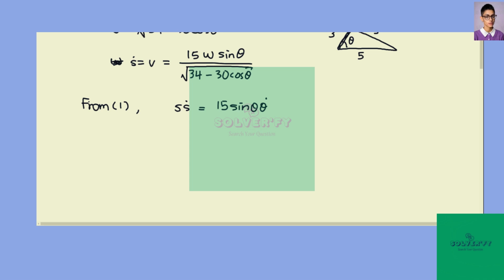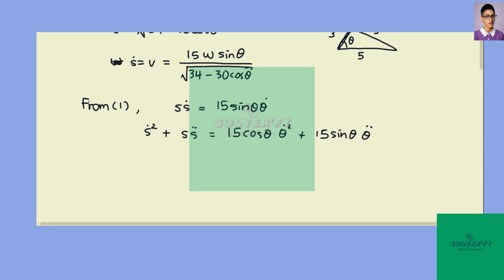So we have s dot squared plus s s double dot is equal to 15 cosine theta theta dot squared plus 15 sine theta theta double dot. Here s dot squared is just the square of this thing.